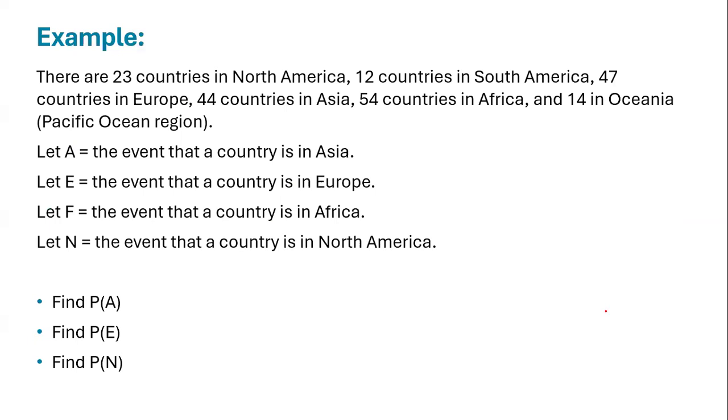To find the probability of A, we know that the probability of any event, for example event A, is the number of outcomes in event A over the number of outcomes in the sample space. What's a sample space? The sample space is the set of all possible outcomes. In this example, it is the total number of countries.